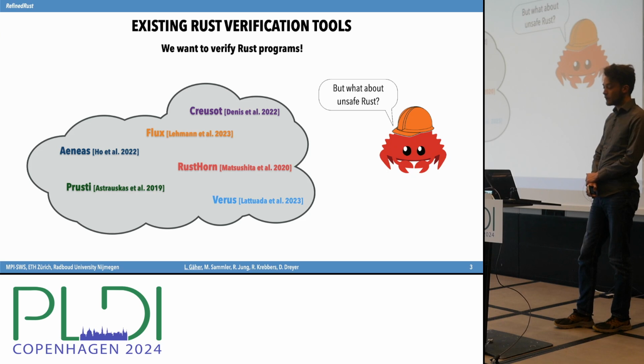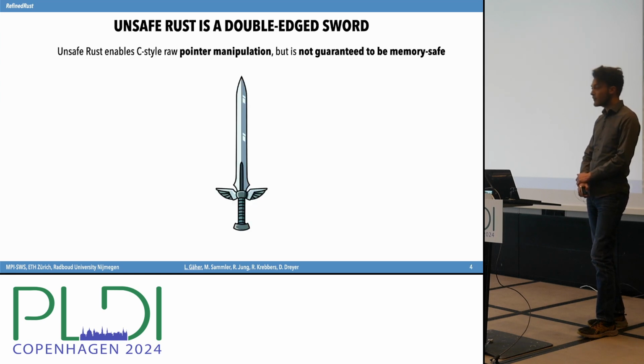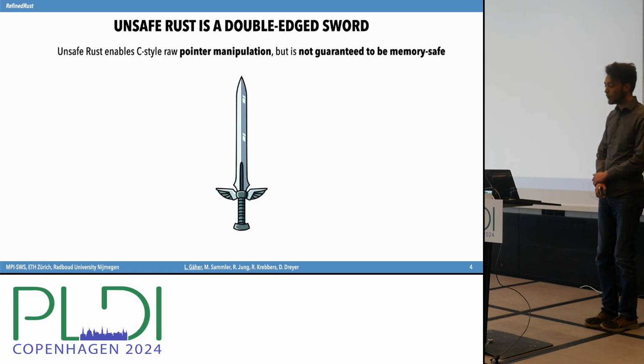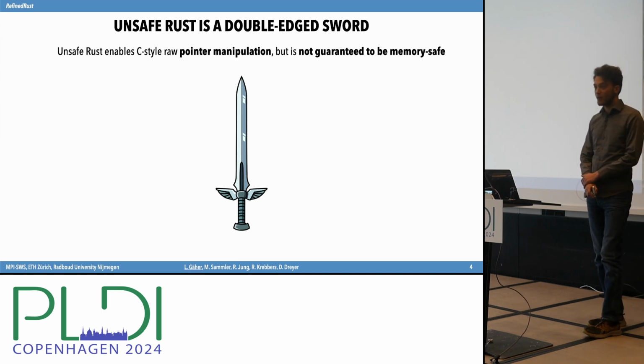They usually leave out one of the most important features of Rust, namely that you can leave the safe fragment and go back to unsafe C-style programming. And that is what's called unsafe Rust. Unsafe Rust basically enables C-style raw pointer manipulation free from Rust's restrictions on pointers, but is no longer guaranteed to be memory safe. So it's kind of a double-edged sword.